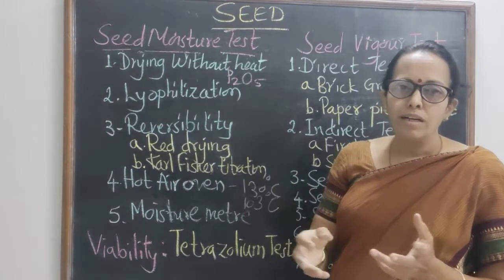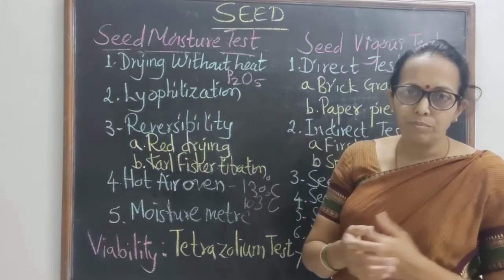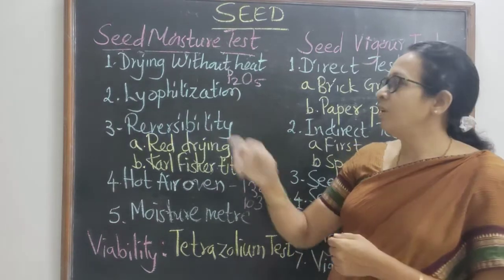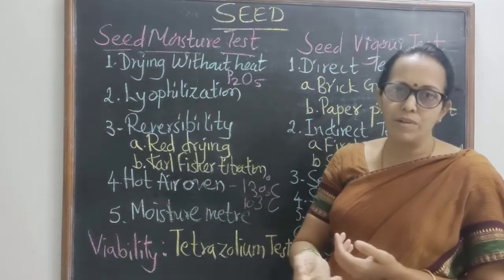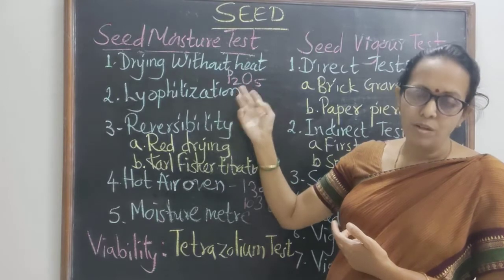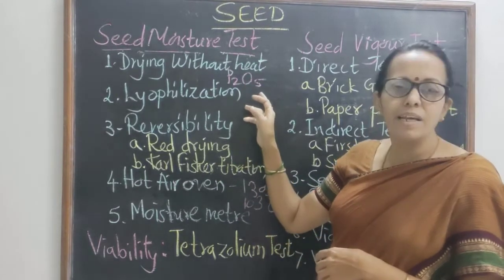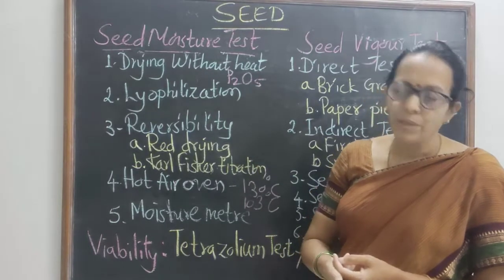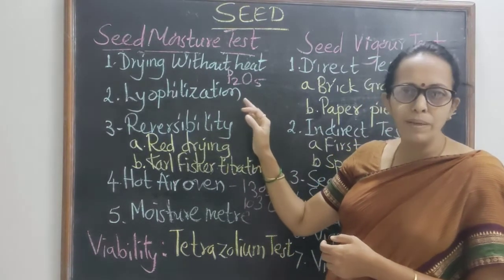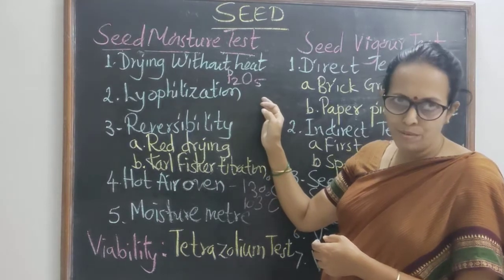You can weigh the seeds beforehand, and whatever difference we get afterwards, after desiccation, we can use to calculate the moisture percentage in the given sample. It is a very simple method, widely used.